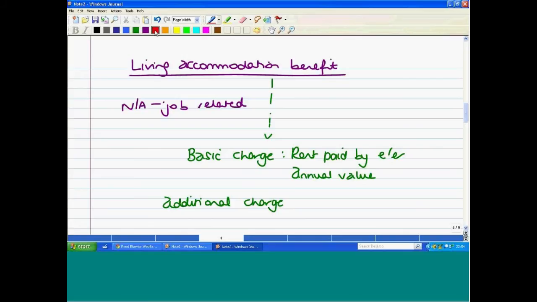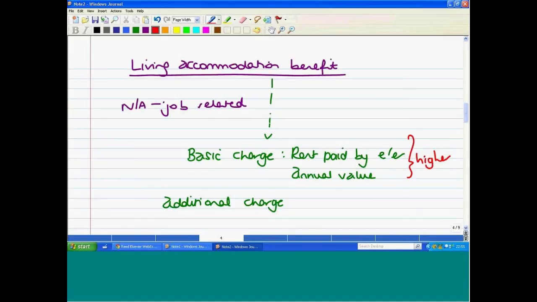And again, we're going to take the higher of these two. Now, if the employer has bought the property, then the rent paid is not going to be applicable. So if the employer's bought the property, you're just going to be basing this on the annual value. So again, a bit like use of assets, although there's two things there, the chances are you only have one to consider in the exam.